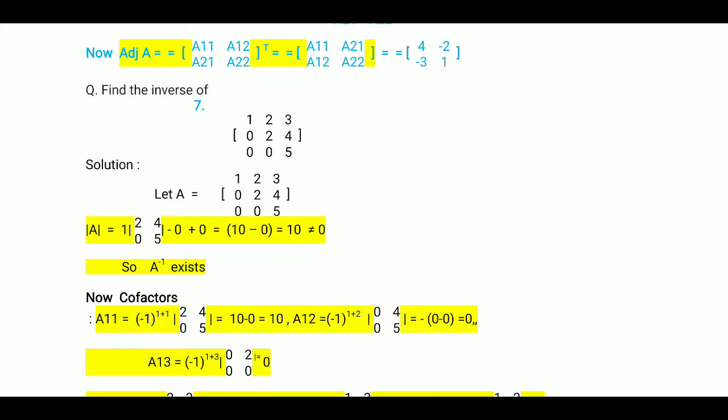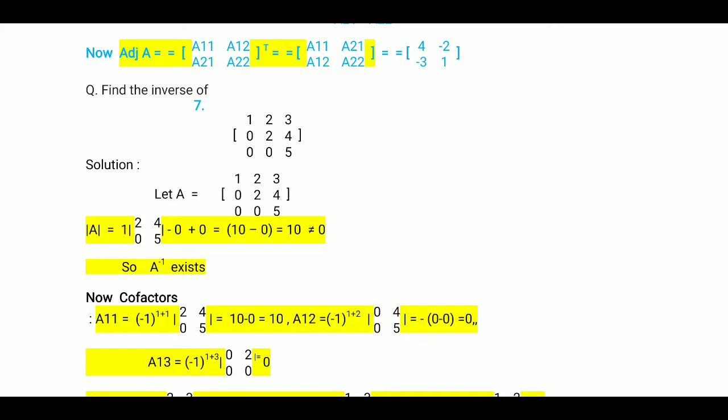So the value will come the same, as we can take any row and any column. So the determinant value is equal to 1 into, leaving this row and this column, we get the determinant 2405, minus 0 into the determinant obtained, but 0 into something is 0, so I write here 0, plus the next term, the element is 0, 0 into the determinant leaving this row and this column, but 0 is multiplied with them, we get 0.